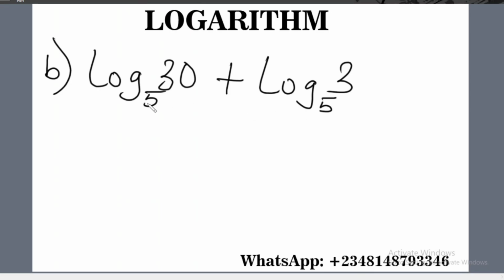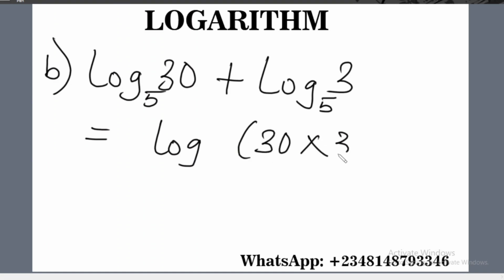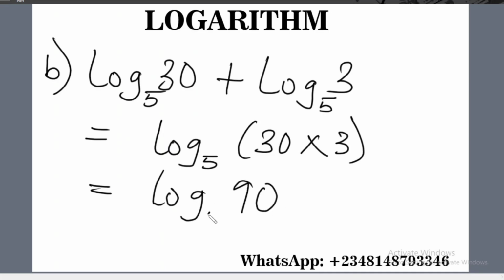Simply write the answer as the product of the two arguments. So it becomes log 30 multiplied by 3 to base 5, which gives us log 90 to base 5, because 30 multiplied by 3 is 90.